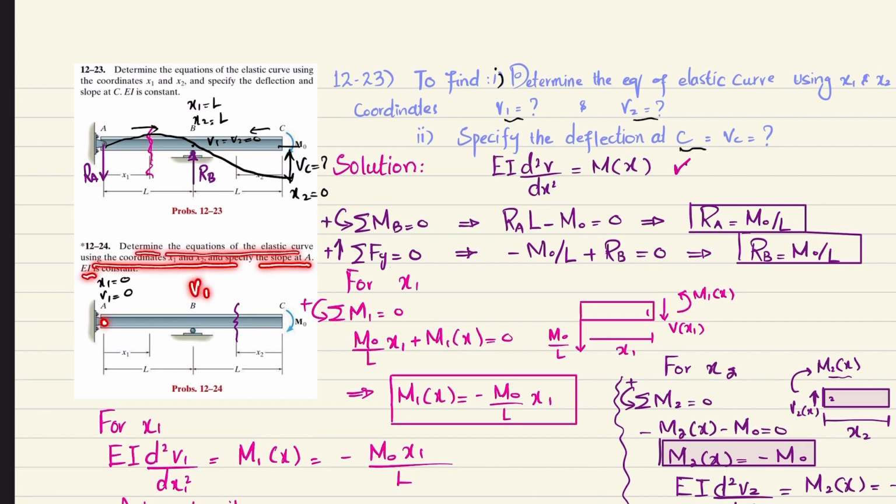Rest, v1 and v2 will be the same that we have derived in this question. We will use the dv1 over dx1 equation, and we will put x1 is equal to 0 in that.